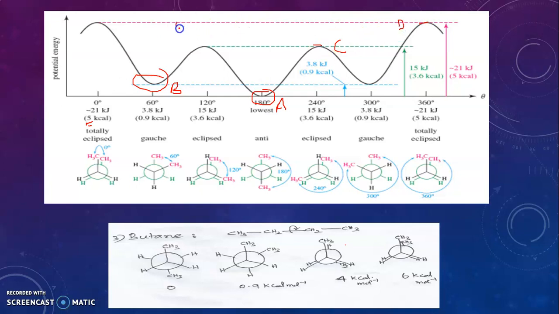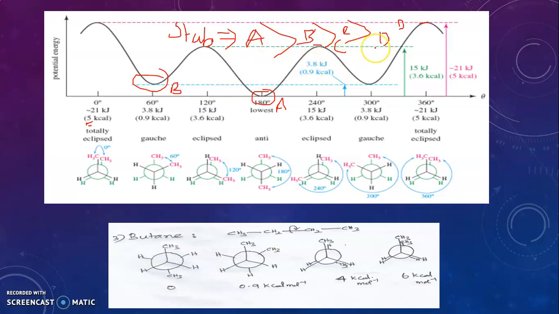So what is the stability order? The stability order is A, that is the anti-conformer is most stable, then B, then C, then D.